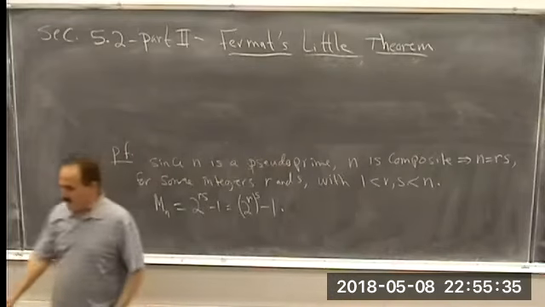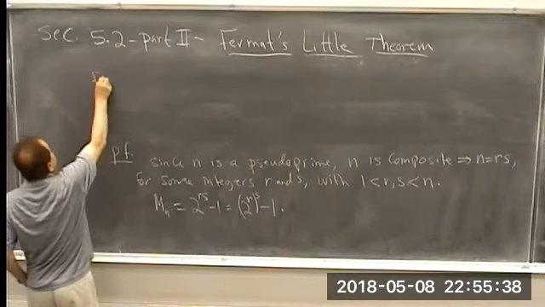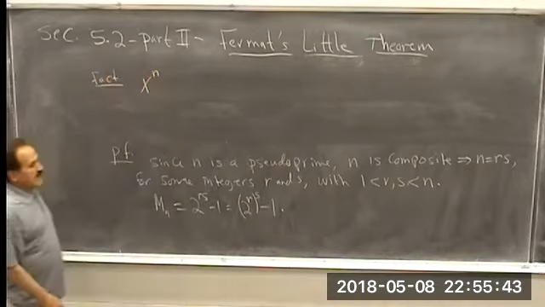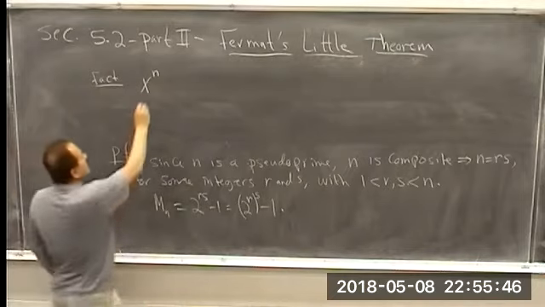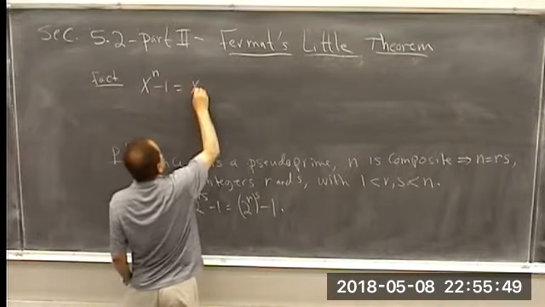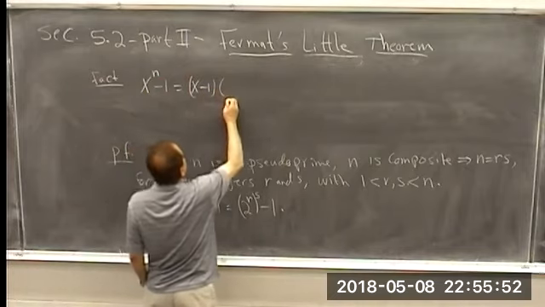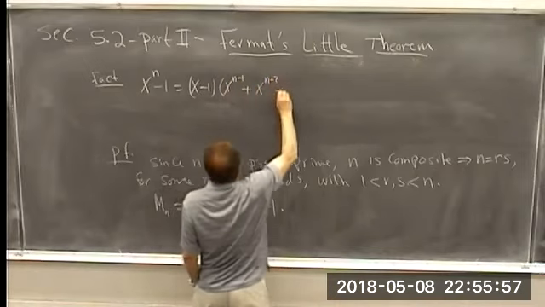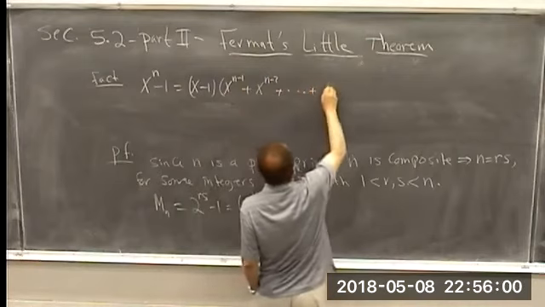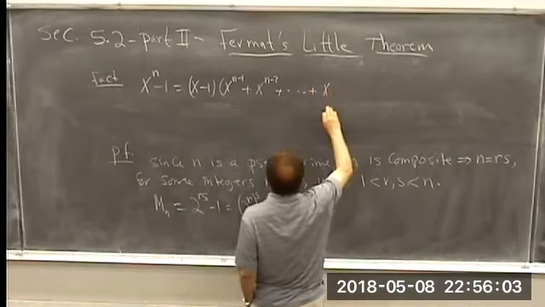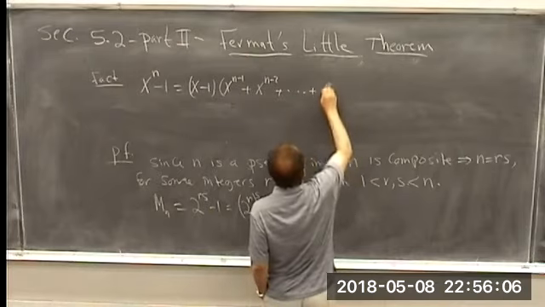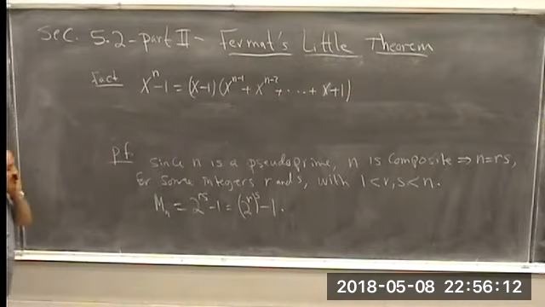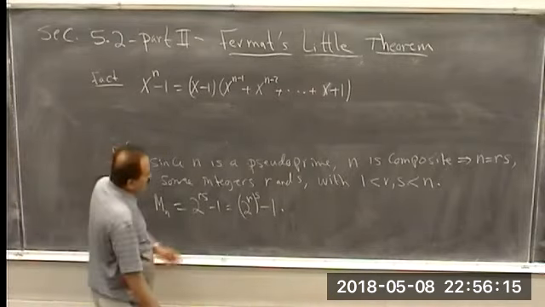And so I want to use this fact: x^n - 1 is equal to (x - 1) times (x^(n-1) + x^(n-2) + and so on, up to 1 + x + 1).